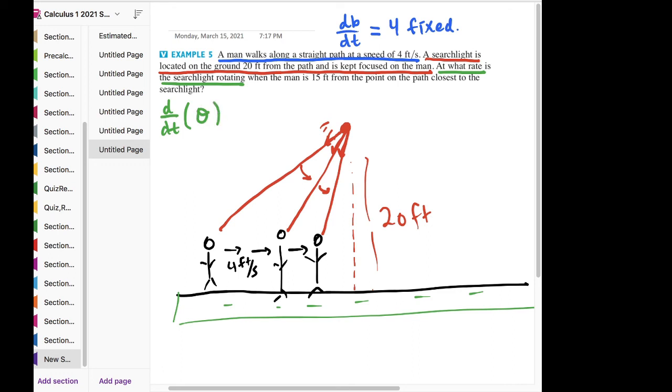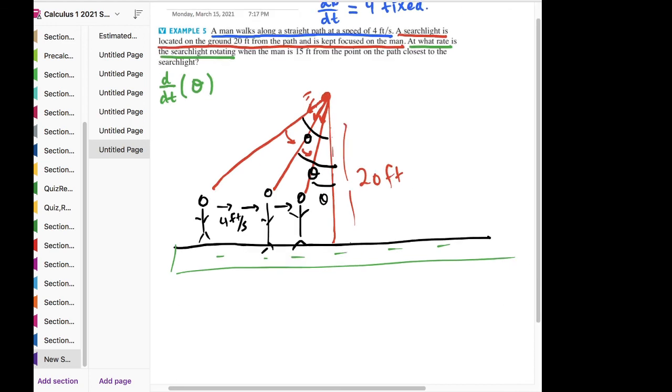So for future reasons, we can let the angle be this angle. So over time, this angle is decreasing. So that's the rotation.